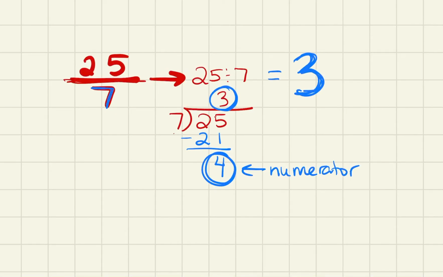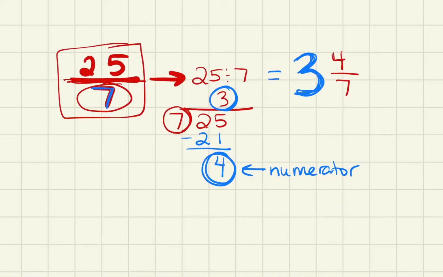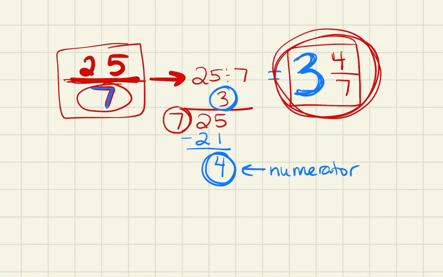So it goes in 3 times with 4 left over out of whatever you started with, 7. So 25 sevenths is the same thing as 3 wholes and 4 sevenths. And guys, this is the simplified version. Now, you may need to simplify the fraction later on when we move forward. But for right now, this is the simplified version, 3 and 4 sevenths. We don't want to leave it as an improper fraction.